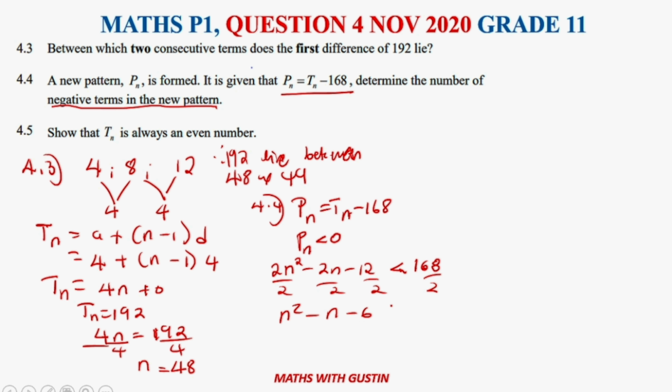All right, okay, I'm just gonna have to double check this one, guys, because I'm doing this a bit different now from the way I have prepared initially. Okay, so let's check there. 168 divided by 2 is giving us 84. Then you bring it to this side, it's going to be negative 84 minus that, so it's going to be n squared minus n minus 90, rather negative 6 negative 84 is going to give us minus 90, all less than 0.